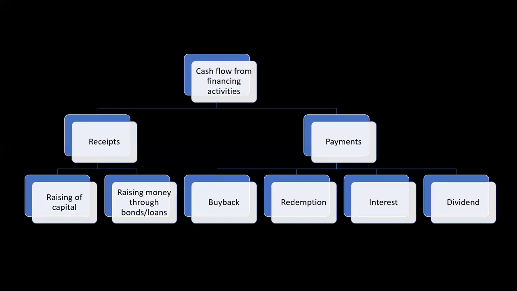But there is possibility that an existing company may be having a consistent negative CFF. And the negative CFF may be because of interest or dividend or buyback of shares. So therefore, there is a need to understand why the cash is moving. Where is the cash going?